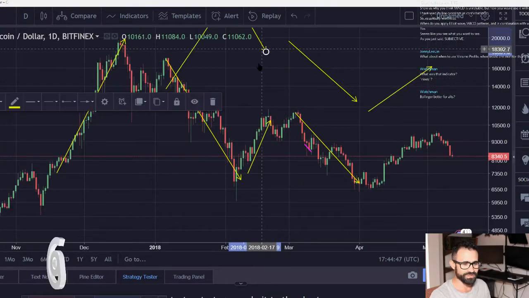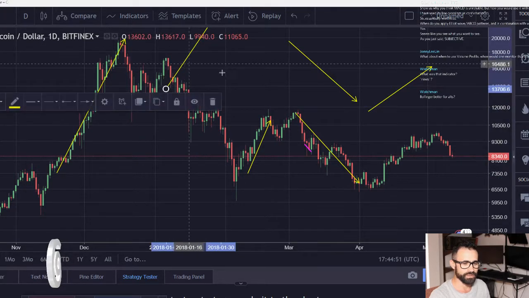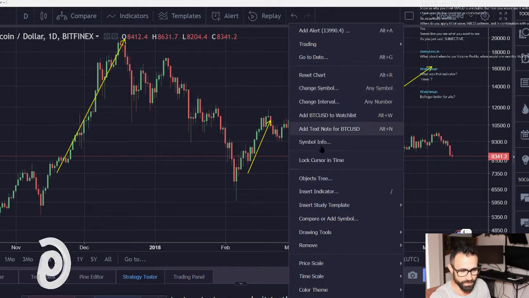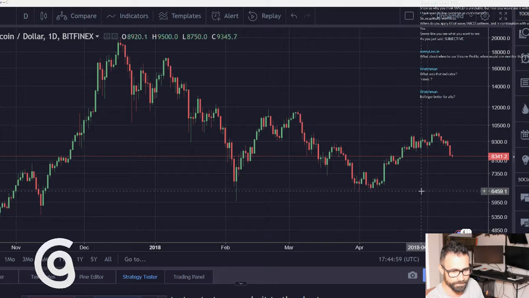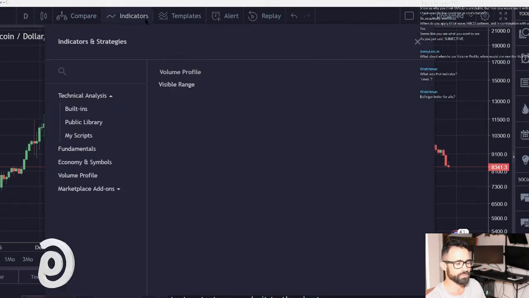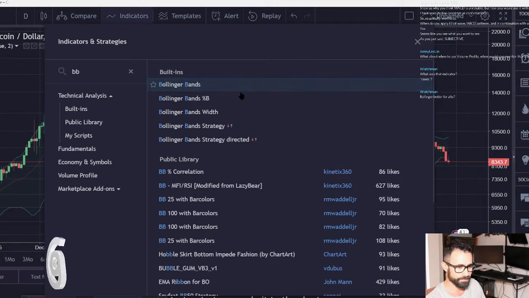I've got these drawings on from when I was comparing BTC to Ether, and I had Ether in the background showing the correlations. Clear them all. Alright, so we're back to BB and VPVR.